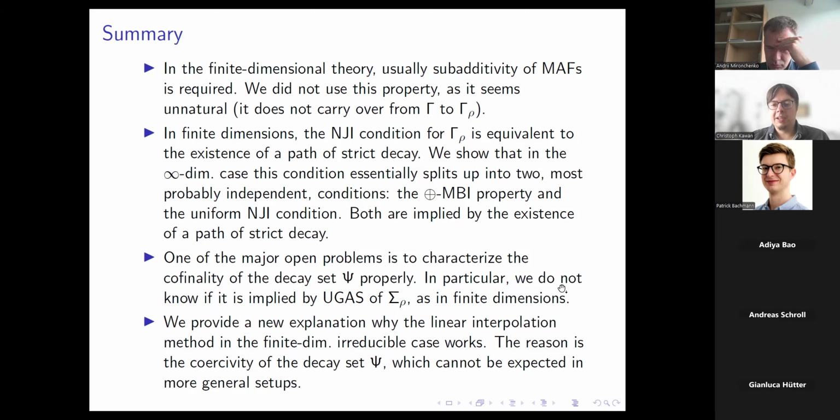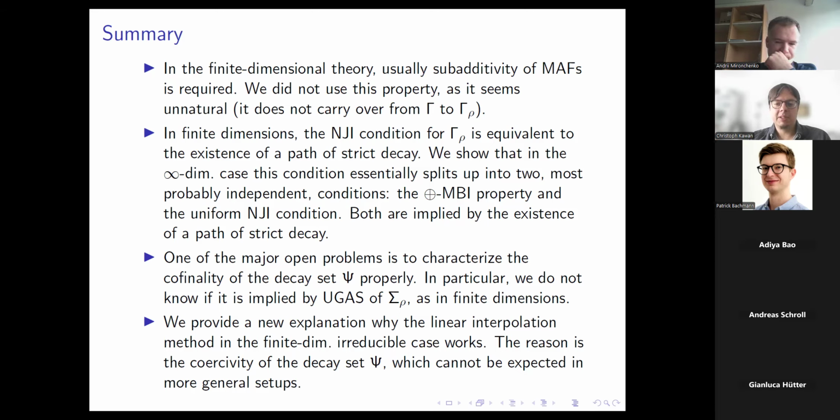In particular, we do not know if the cofinality of psi, which is needed for the existence of a path of decay, is implied by UGAS of the sigma rho systems, as it is the case in finite dimensions. In finite dimensions, one can use a theorem from topology to show that this is true, which is the KKM lemma, but we cannot use it here in this case.